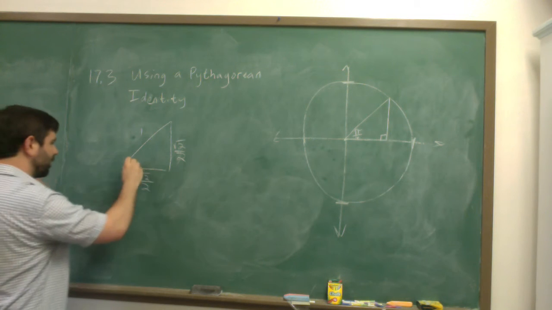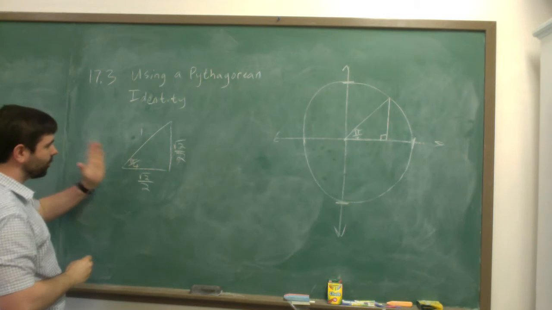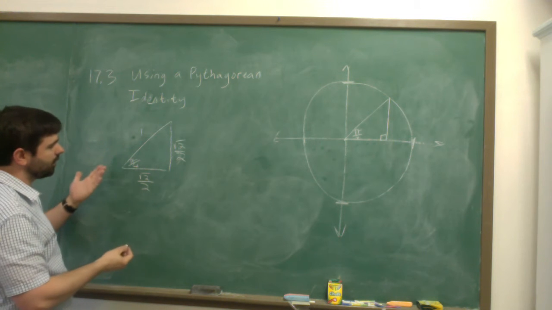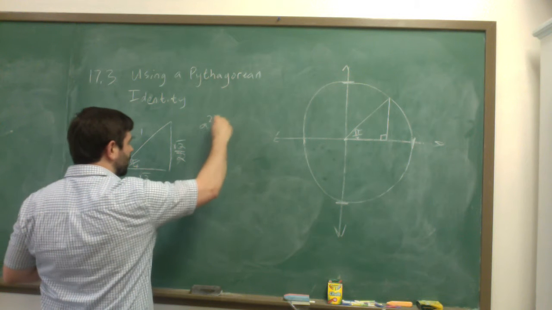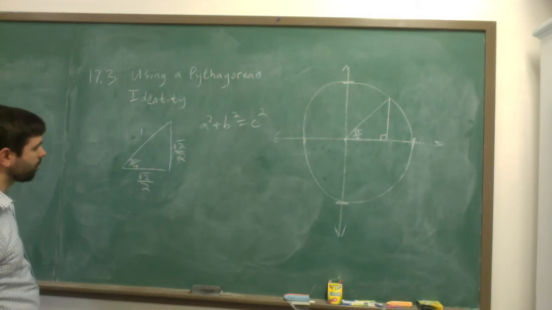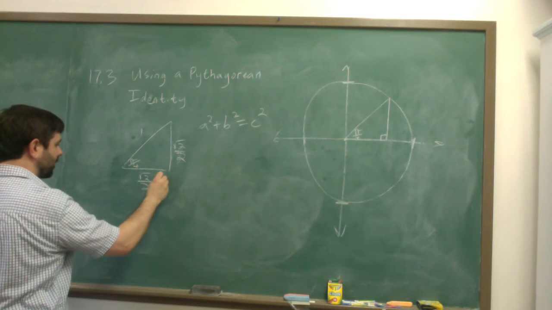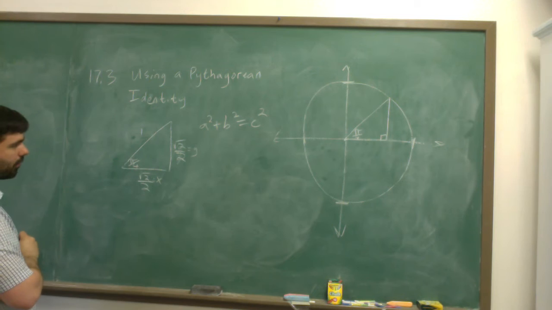Now, this is our angle here, pi over 4. Let's make an observation. We know that a squared plus b squared equals c squared. This is always true. We're going to call this side x and this side y.